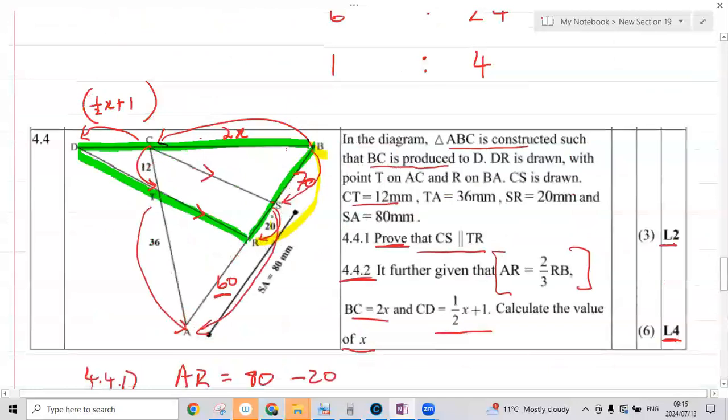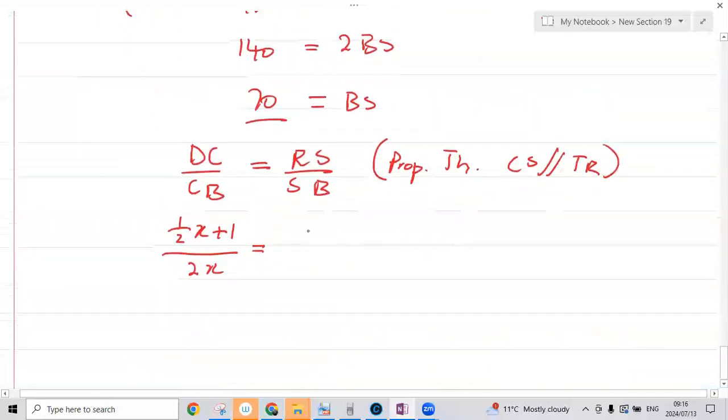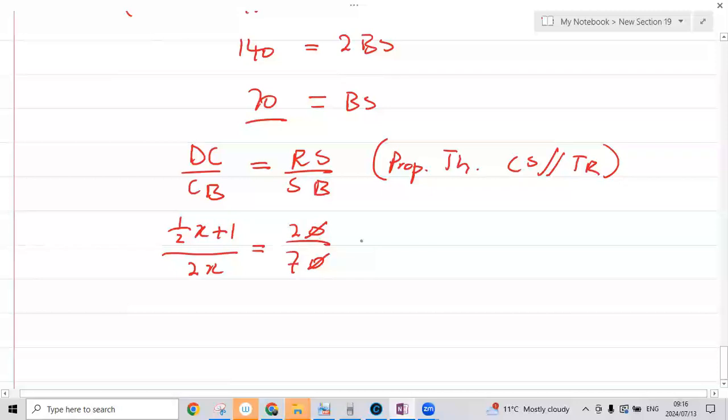And here we've got RS, which is 20, over SB is 70. That's going to be 20 over 70. So here we can simplify. You can cancel off the zeros there, right?